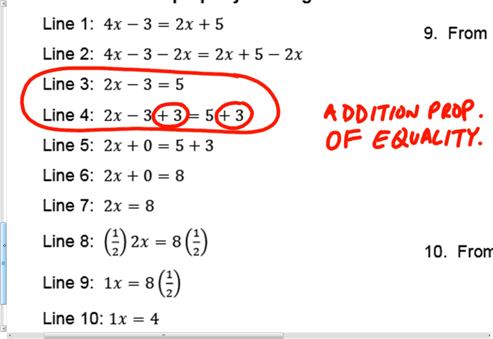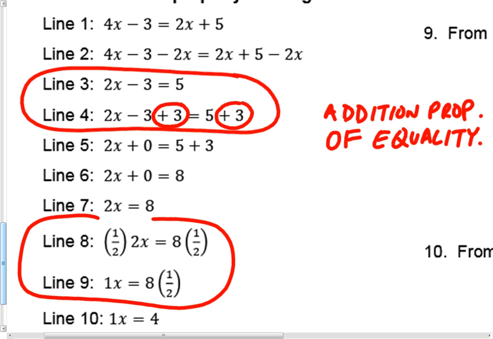And we had to do from line 8 to 9. The only thing that changed, the 8 and the 1/2 did not change. This right here turned into a 1. What operation? Add, subtract, multiply, or divide? Multiplication. Put a little dot there. What's happening?